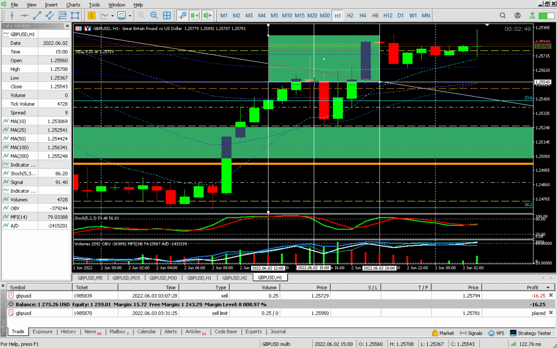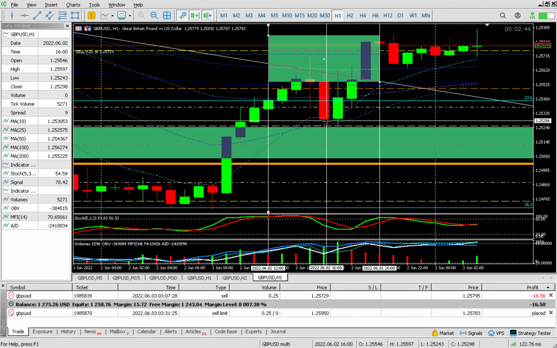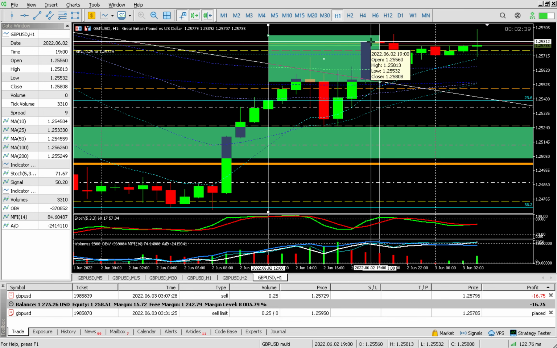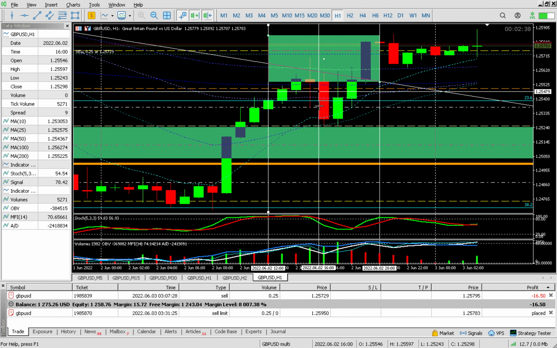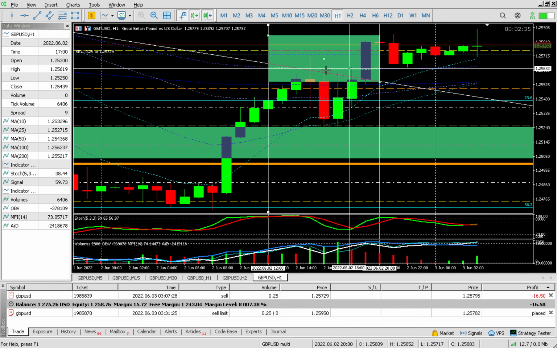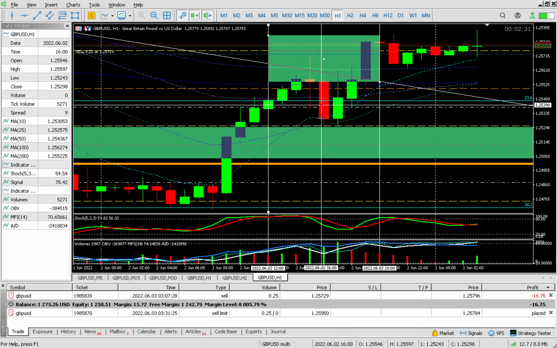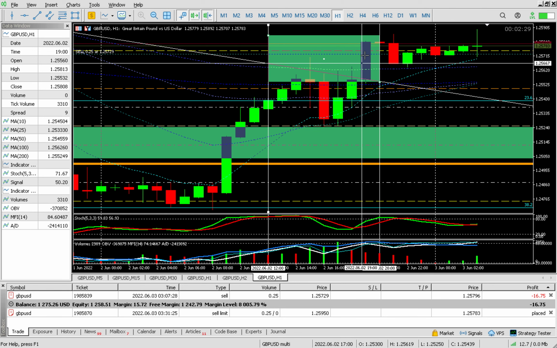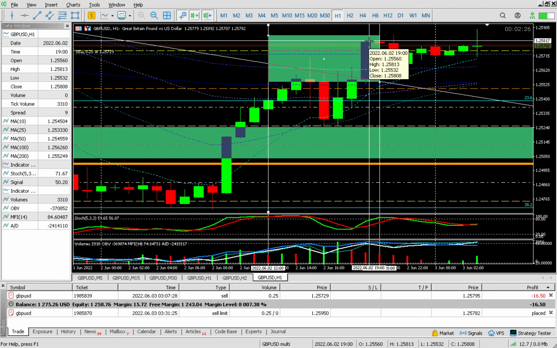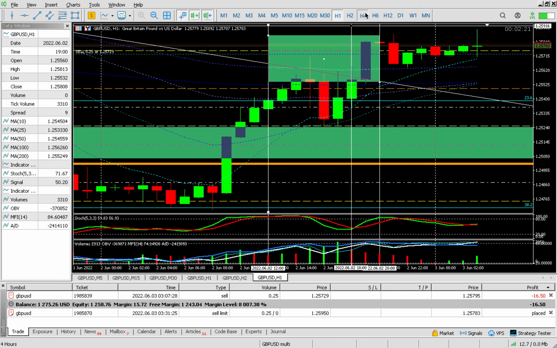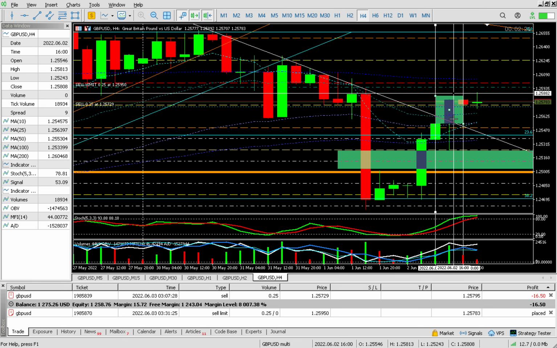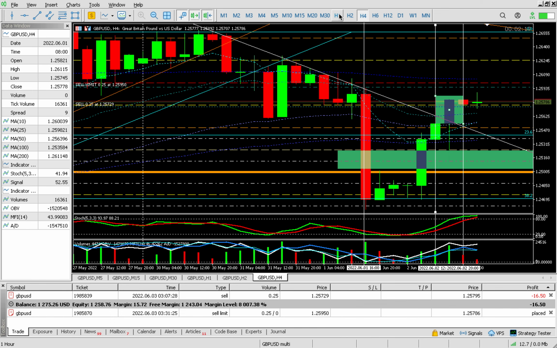So the open is right here. Open, low, high, close. It painted green on the way up. So open, low, painted green on the way up, and then the high and the close are right up there together. So now you see this candlestick. That's how that candlestick was formed.